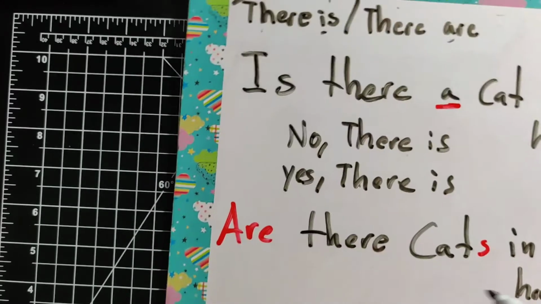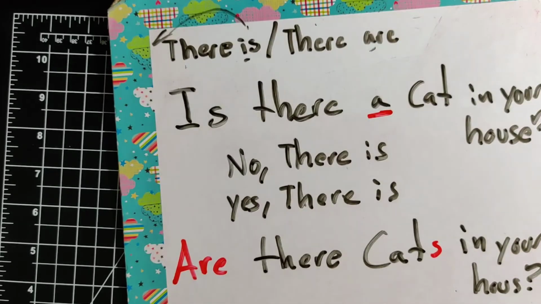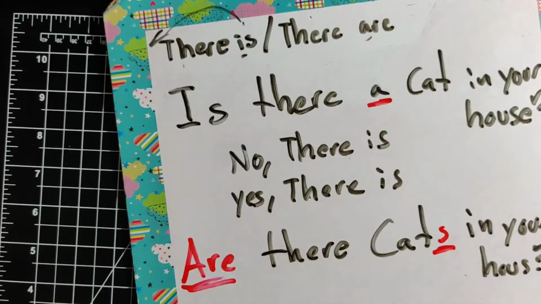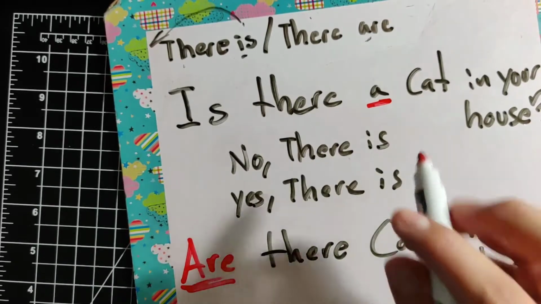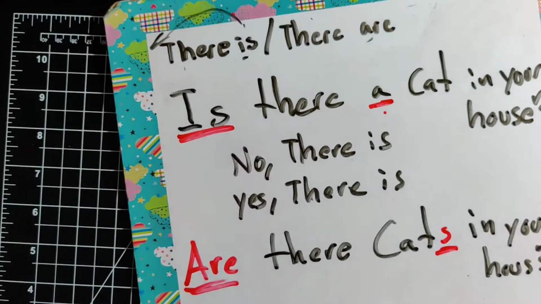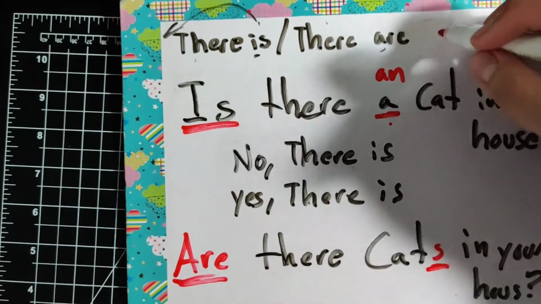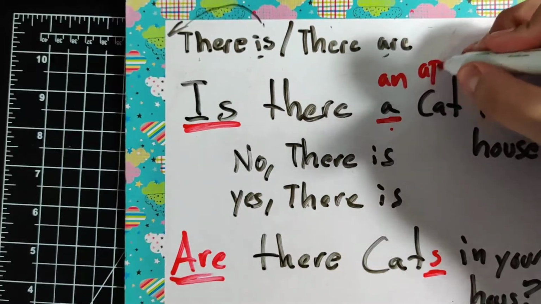Okay? Are there cats in your house? Please remember, when it's plural, you're going to add, okay, R and S. If it's singular, it's an A. Or, like I said, it could be AN if it sounds like a vowel. For example, apple.